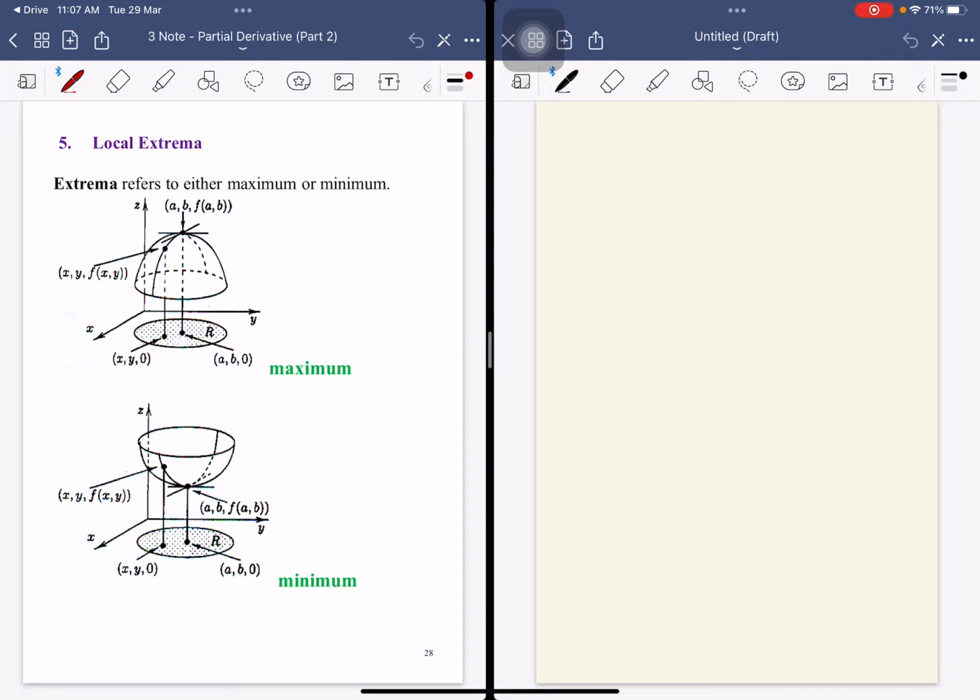For a given function, it's not necessarily just one critical point. It can be more than two, more than three, depending on the given function.